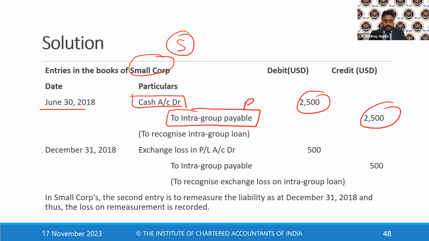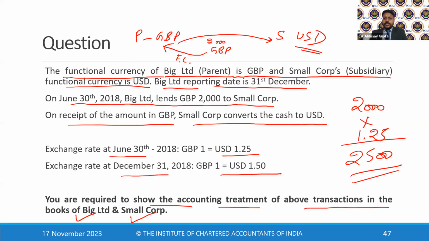On 31st December 2018, we need to record the exchange gain or loss. If a loss is happening, we will debit the P&L. If a gain is happening, we will credit the P&L. Now the revised liability of this loan will be 2,000 into 1.5, that is 3,000.